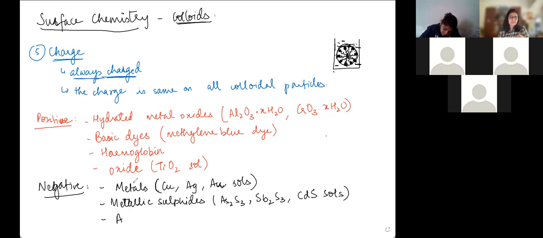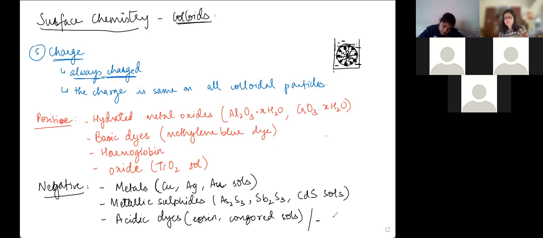Basic dyes are positively charged, acidic dyes are negatively charged. Examples of acidic dyes are eosin, Congo Red, and we have one more.